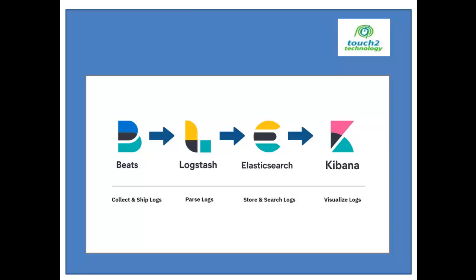So the third component is Elasticsearch. Elasticsearch is an open source full-text search engine that stores all the incoming logs from Logstash and provides the ability to search the logs or data in real time.